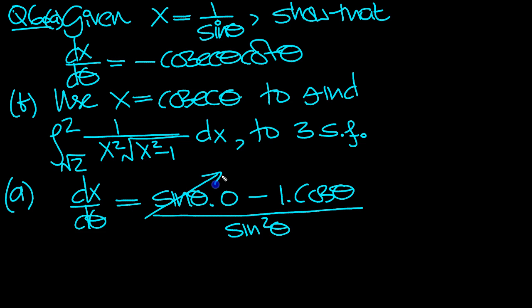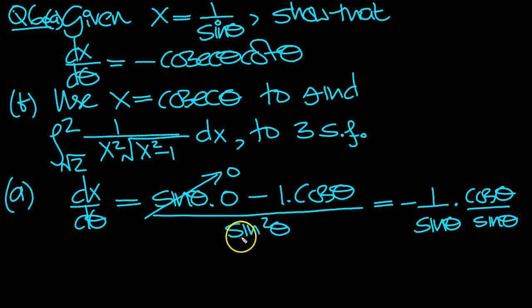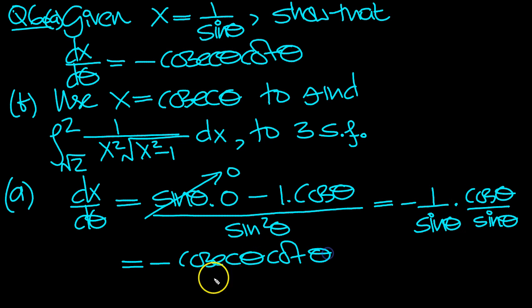This product is 0, so it's equal to minus 1 over sine theta times cosine theta over sine theta. So we just split that sine theta up into its two constituents. So this is minus cosec theta, 1 over sine theta, and this is cot theta, which was what we wanted to show. So we've got that then.